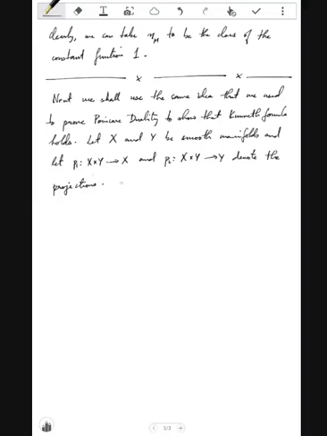These give maps P1^* from H^*(X) to H^*(X cross Y), and P2^* from H^*(Y) to H^*(X cross Y).